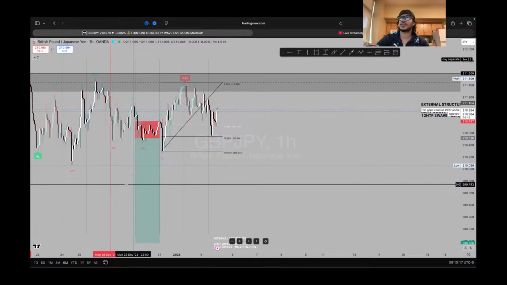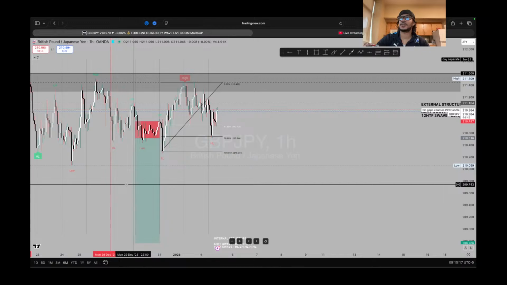So today I saw this. Honestly on GJ we're ranging, so I don't really want to trade GJ, but we didn't take a lot of liquidity, but we have liquidity swept. That trendline liquidity swept right there, and right here we had that change of character within this bearish leg.